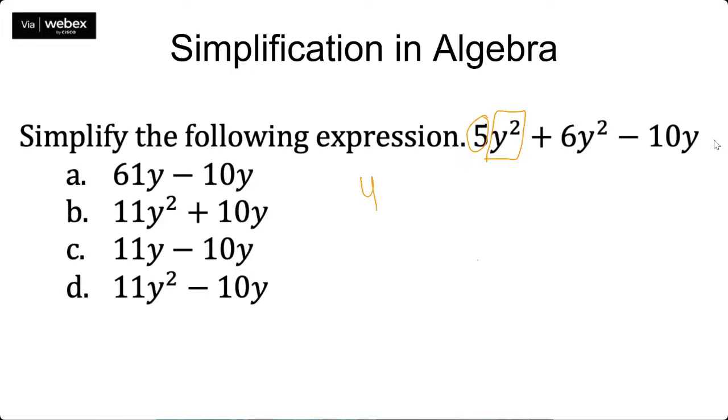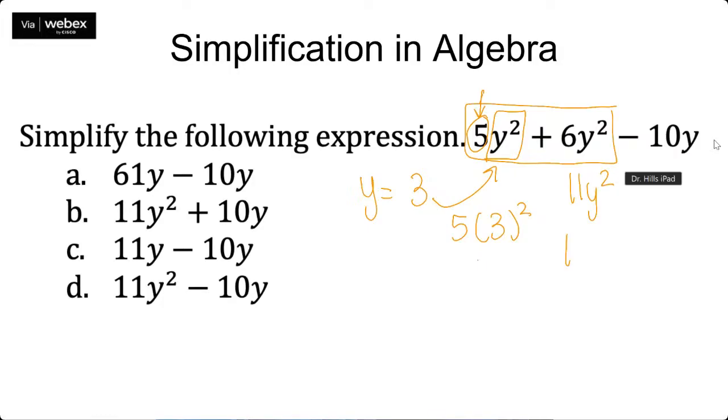We're squaring the unknown number. So if they told us that y equals 3, then we would know what y was, and this would become 5 times 3 squared. But because we don't know what y is, there's nothing we can square. Don't square the coefficient. We just group these together to be 11y squared. And again, if y was 3, then we would do 11 times 3 squared.